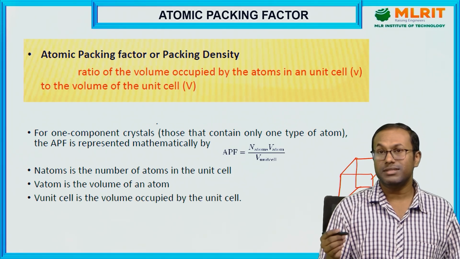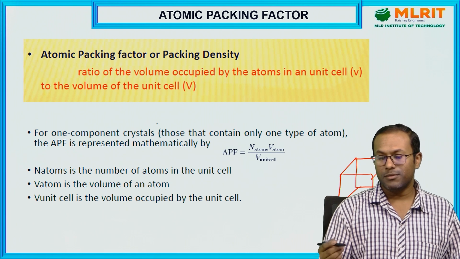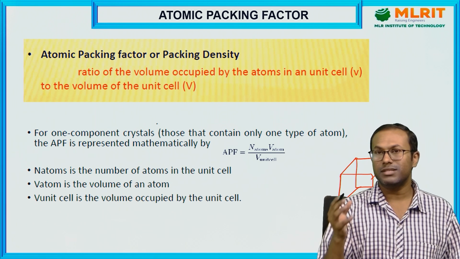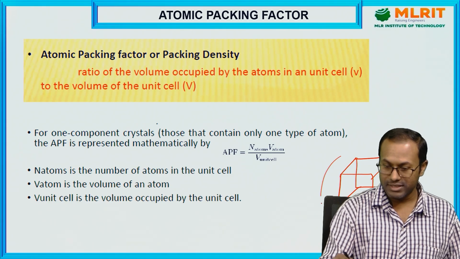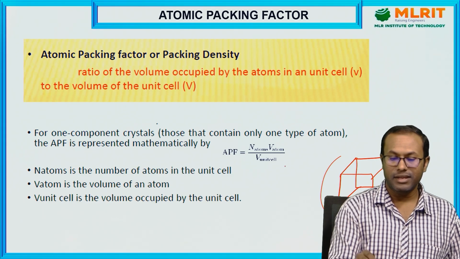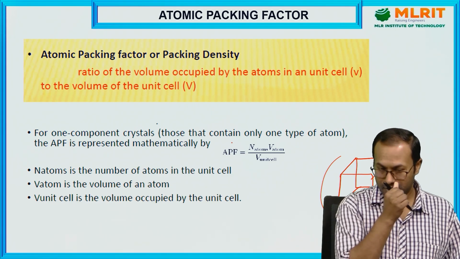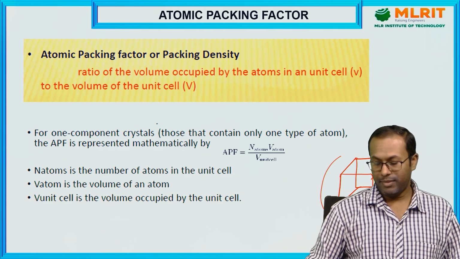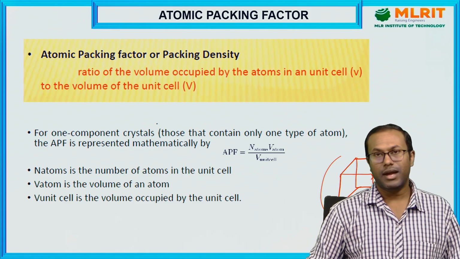That gives the effective number of atoms. So the volume occupied by these atoms in the unit cell divided by the entire volume of that unit cell is called the atomic packing factor or packing density.